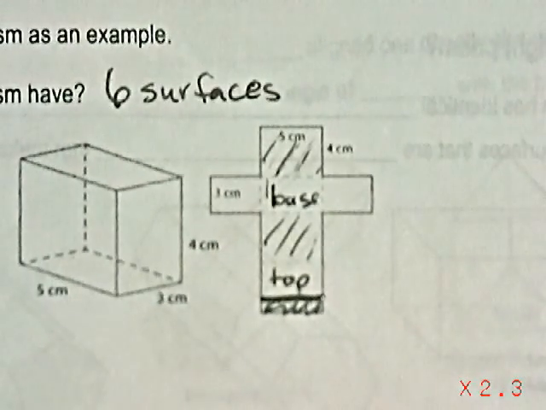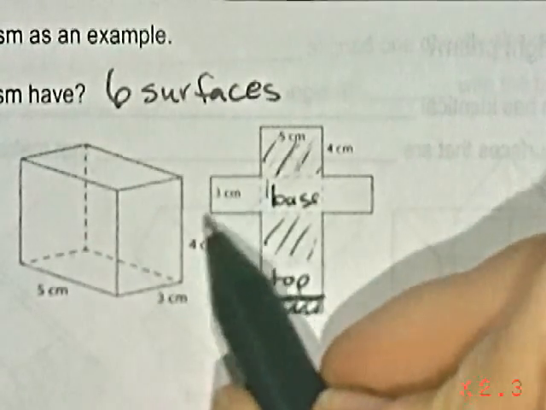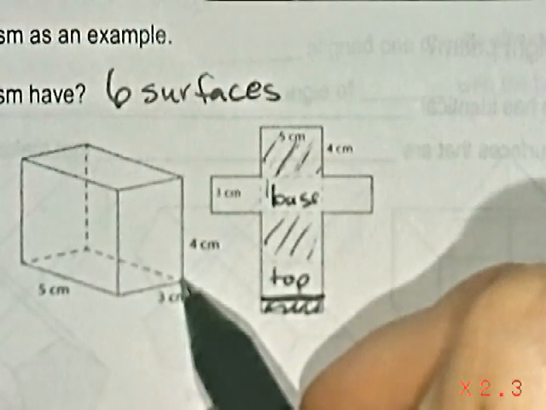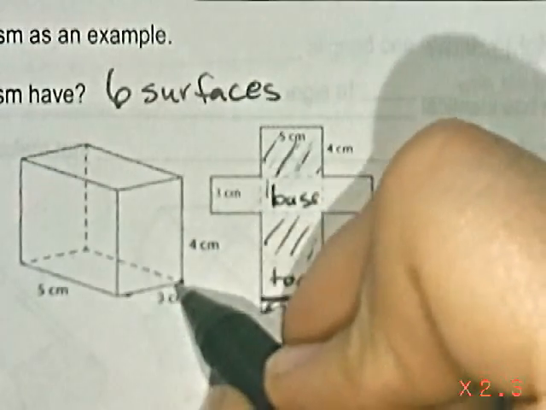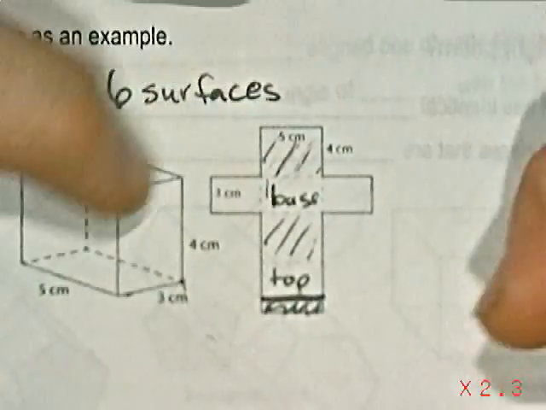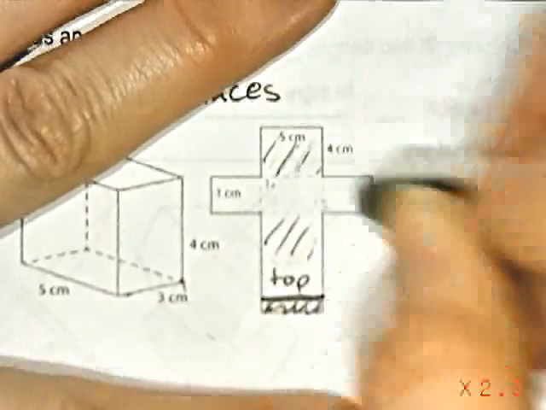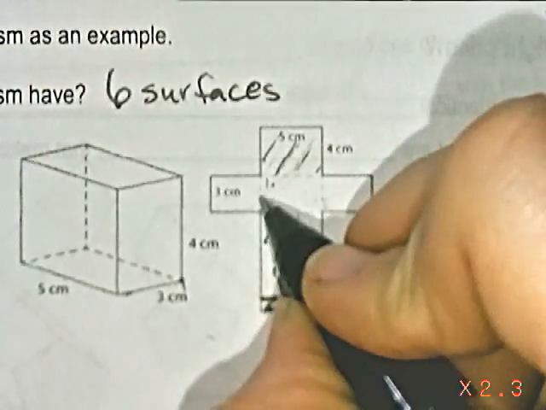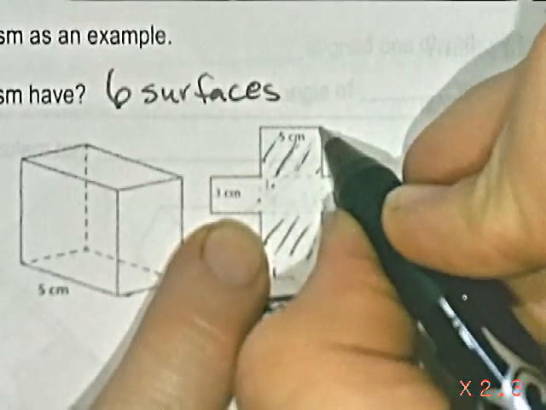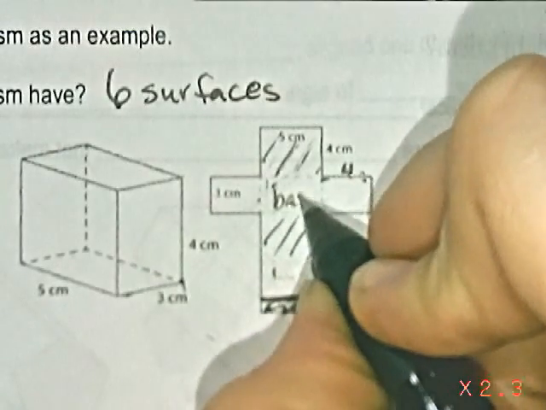And so with this net we have our dimensions, where we've got our left and our right-hand side having the 3 centimeter dimension, and that 3 centimeter and the 5 centimeter. Actually, I guess if that's the 3 centimeter and the side is 5 centimeters, then this isn't the base. This is my 3 by my 5, because if this is 4, then this is 4. Yep, you're right, this is the base.